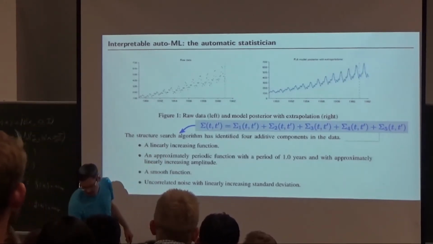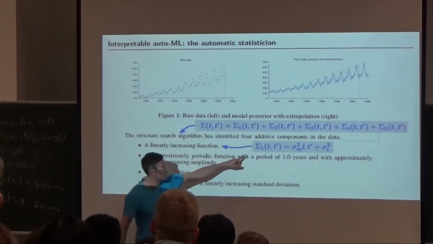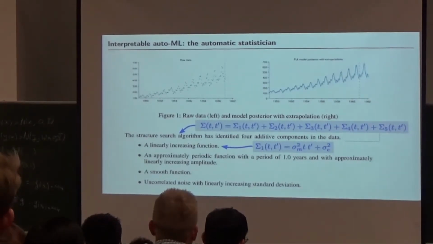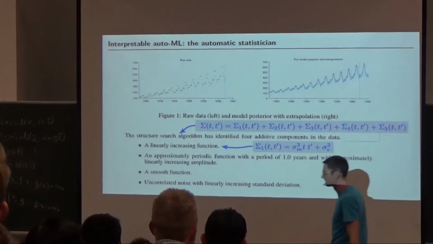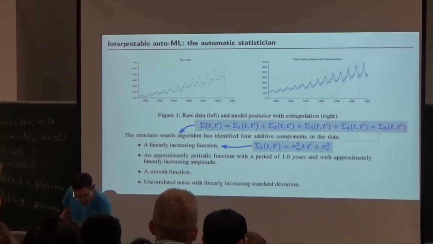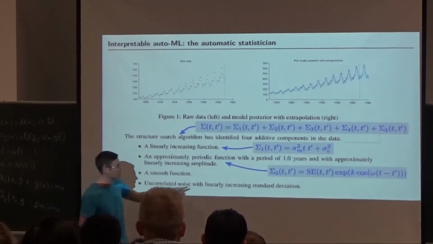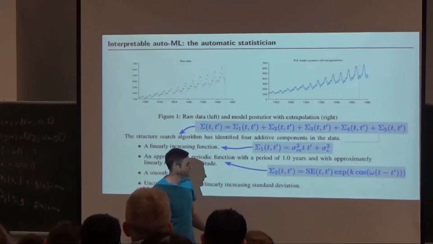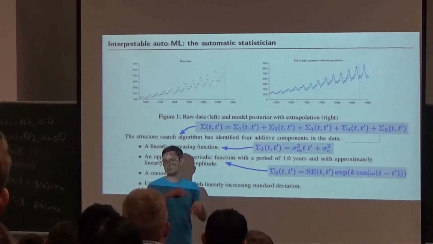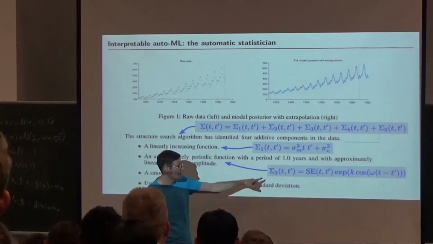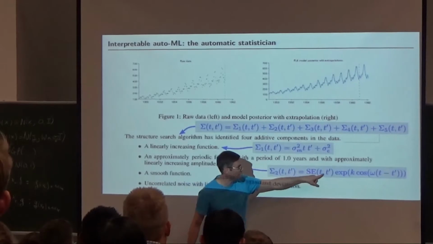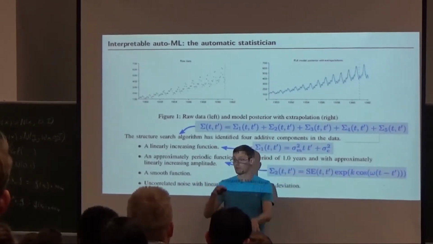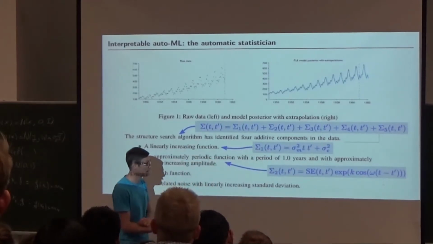So the linearly increasing function here was just our friend, question number 2 over here. So it picked out that this was a sensible component in the data. It then found that the next thing it needed to compose it with was this weird covariance function. It's swapping in lots of covariance functions to see which one models the data best, and it's using a grammar of covariance functions here. This one is the multiplication of a squared exponential with this periodic covariance function. If you multiply 2 covariance functions, you get a valid covariance function.